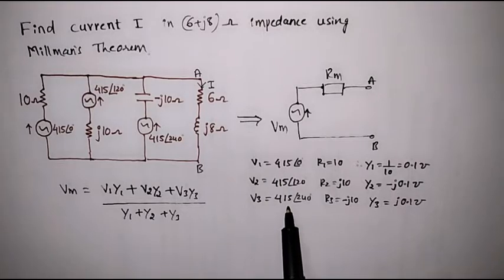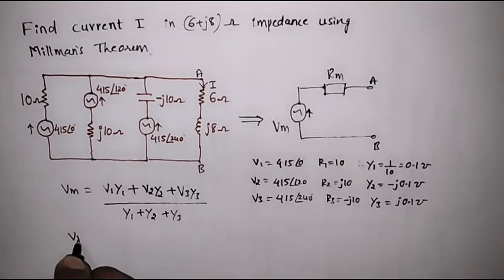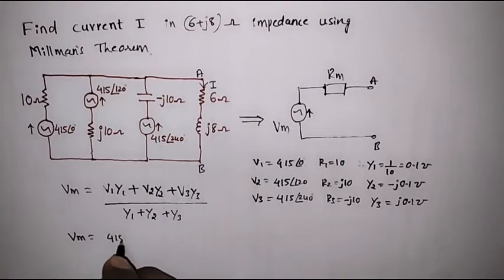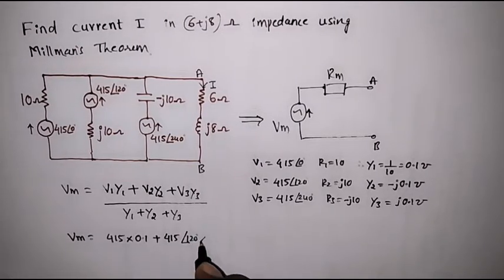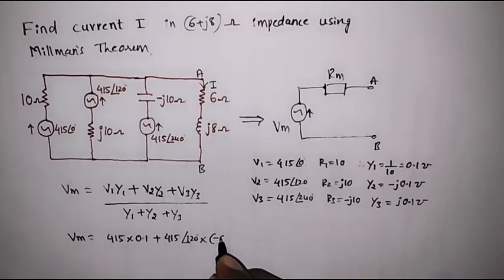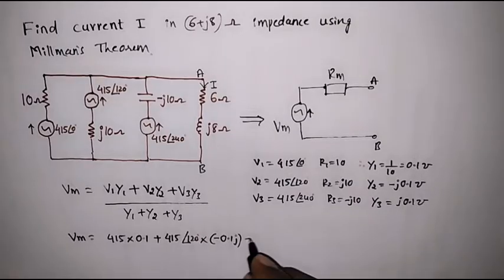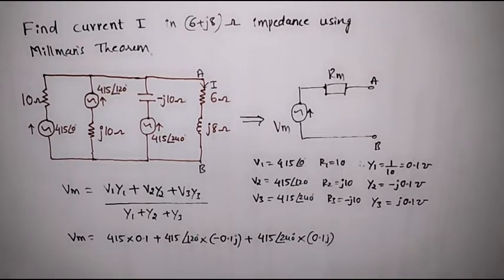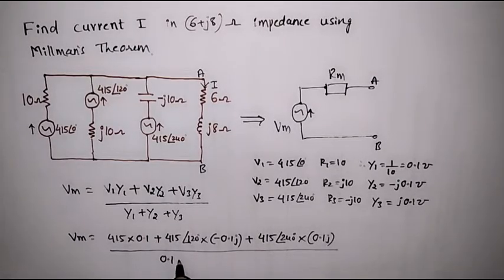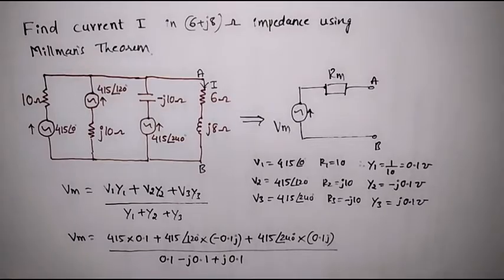Now we'll substitute all these values in this equation. That is Vm is equal to V1 is 415 into Y1 is 0.1 plus V2 is 415 at an angle 120 degree into Y2 is minus 0.1 J. Similarly, V3 is 415 angle 240 degree multiplied with J 0.1, whole divided by Y1 plus Y2 plus Y3, that is 0.1 minus J 0.1 plus J 0.1.